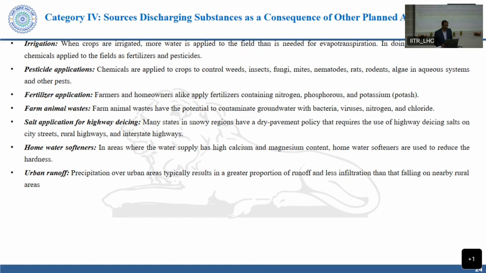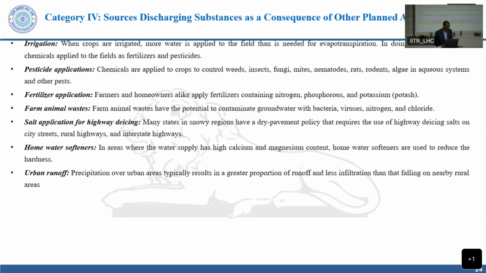Farm animal waste also has potential for contamination of groundwater with bacteria and viruses. Salt application for highway deicing. In many states, snowy regions have a dry pavement policy that requires the use of highway deicing using salts, on city streets, rural highways, and interstate highways here.